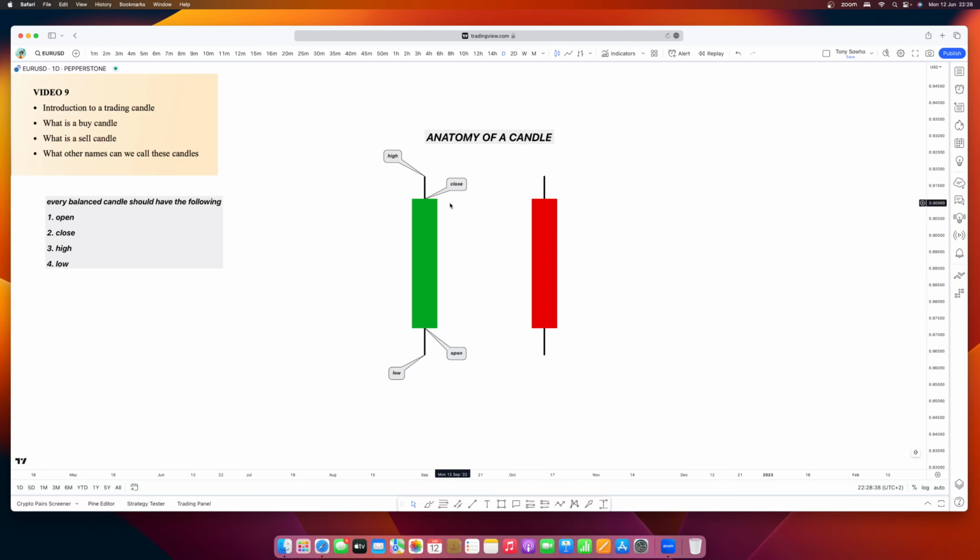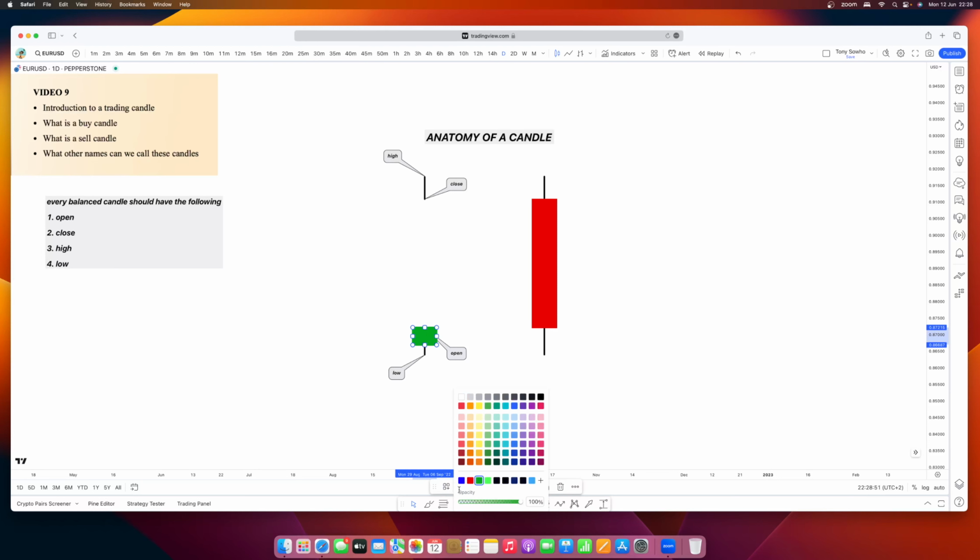So now, just like how this is for the high, we can also do the same for the low. Price opened here, and instead of buying, decided to sell down. As soon as price starts to sell, this candle is going to turn red.